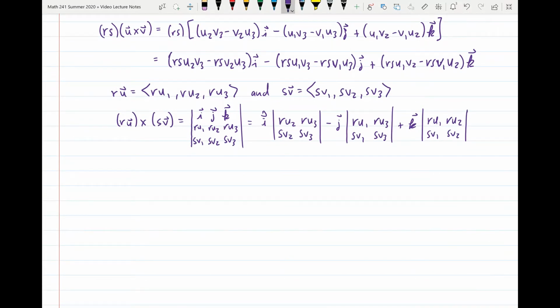And now let's make this look nicer by calculating the determinants of each of these 2 by 2 matrices.